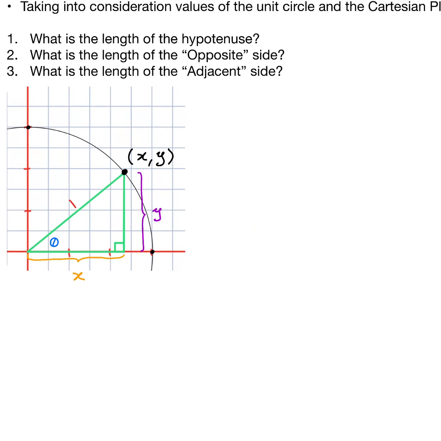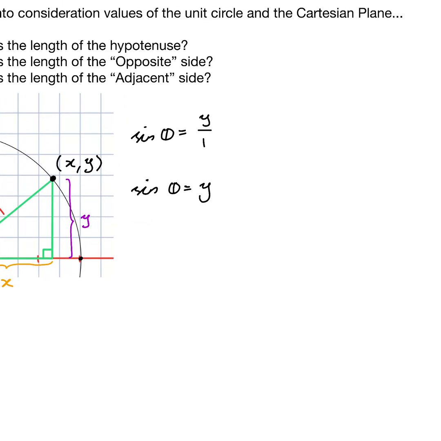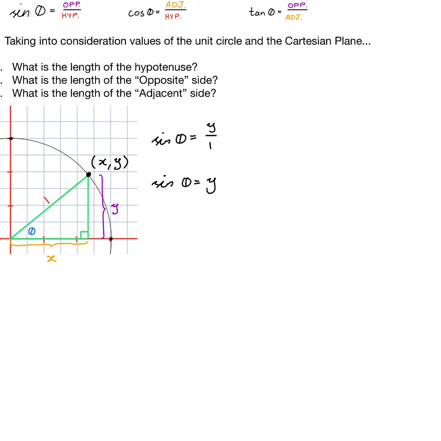From this, we can conclude that if we apply trigonometry to this, we get sine of theta is equal to y, the opposite, over the hypotenuse of 1. But y over 1 is just y, so sine theta equals y. Likewise, if we apply this to cosine, cos of theta is x over 1. Well, x over 1 is just x, so cos of theta is just x.